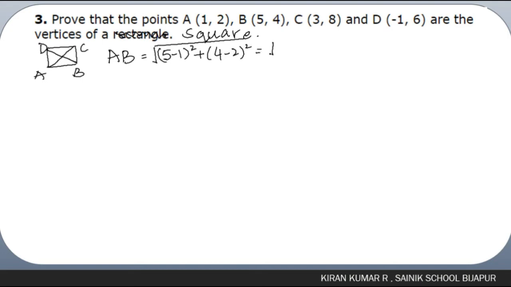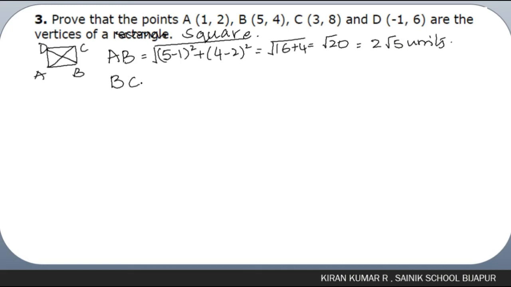We get it as root of 16 plus 4, which is root 20, nothing but 4 times 5, so it is 2 root 5 units. This is the length of AB.